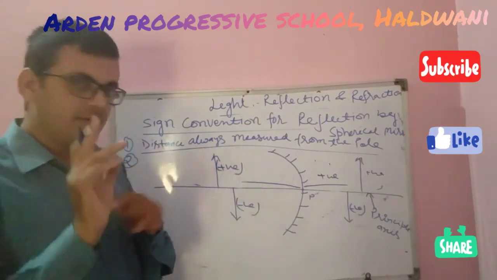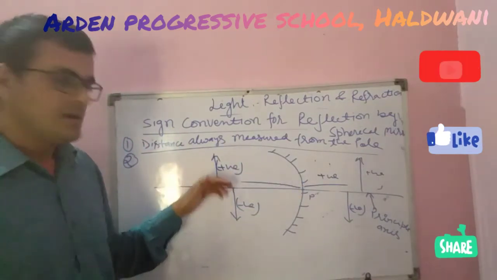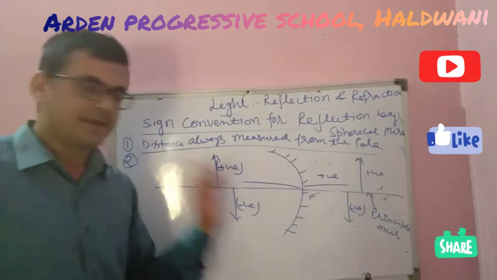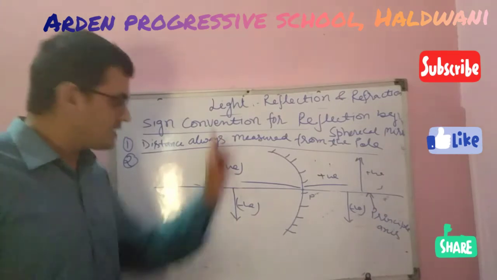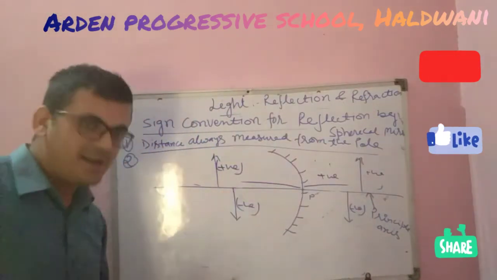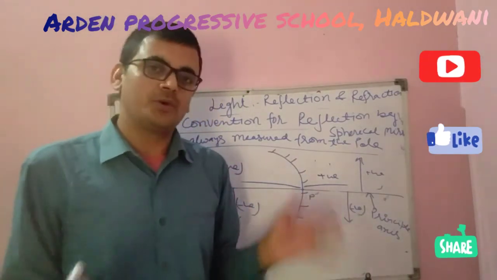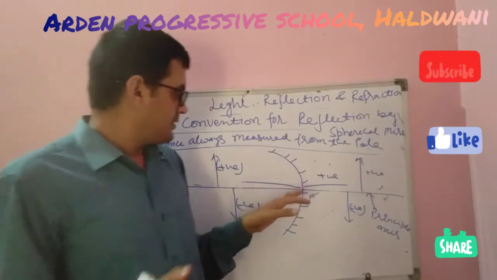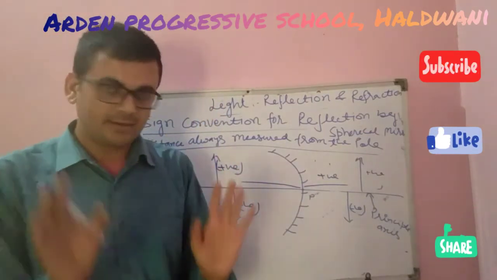Getting? I am repeating again. If we measure the distance to this side, negative, to this side, positive. This side positive, this side positive, this side negative, this side negative. I hope you understood what I want to say. Getting? Okay.